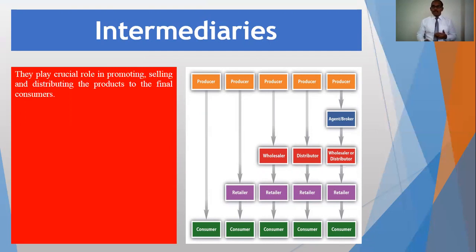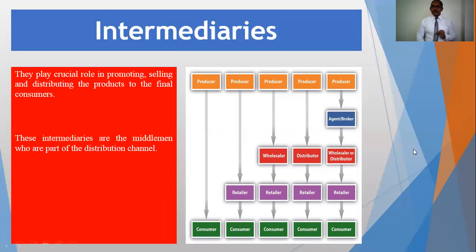All these people play a key role in reaching the product to the final customer or final consumer, because the producer is not going to sell his commodity directly to the consumer. Through these people only the product will reach the final consumer. So these middlemen or intermediaries play a vital role in promoting, selling and distributing the products to the final customers.